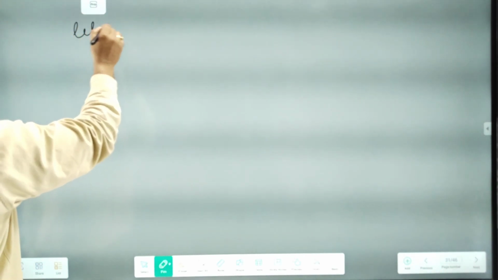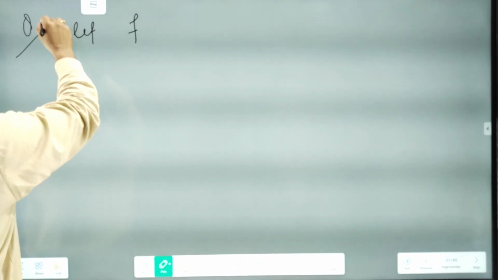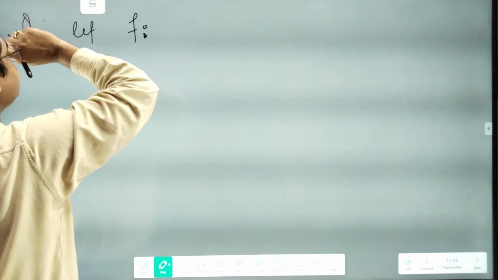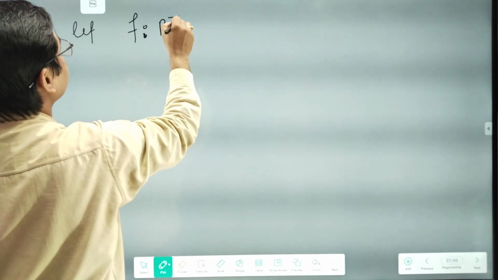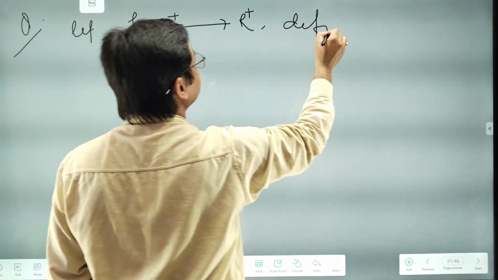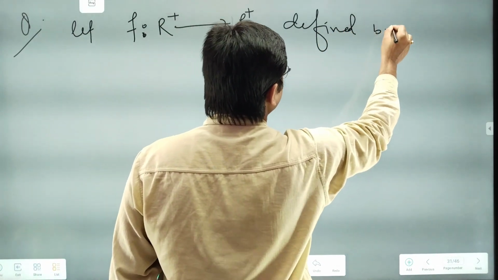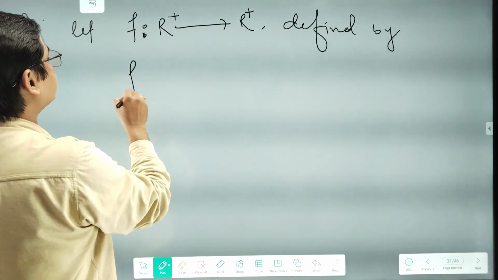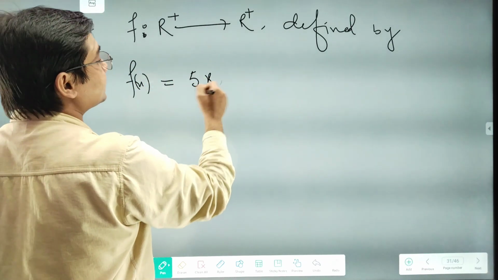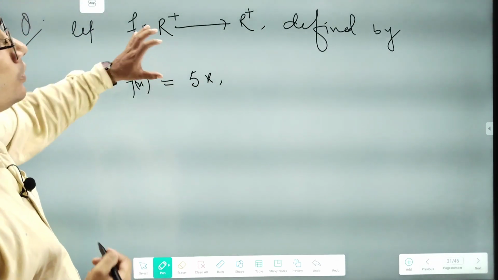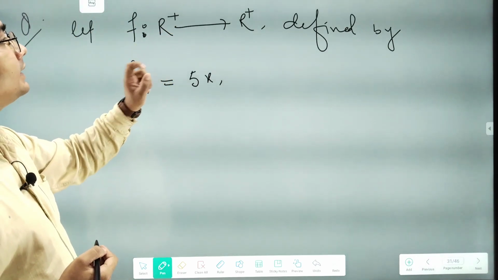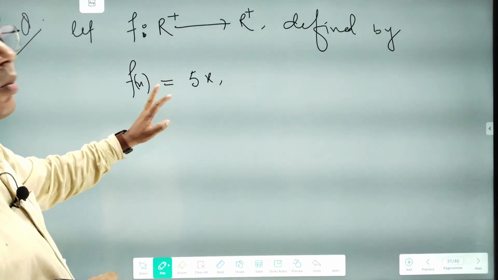Suppose we consider a function f from R plus to R plus, defined by f of x equal to 5x. Suppose we need to verify whether this function is onto or not.